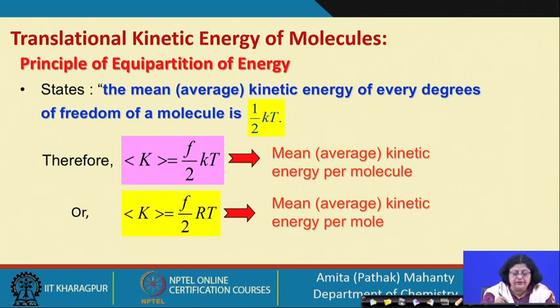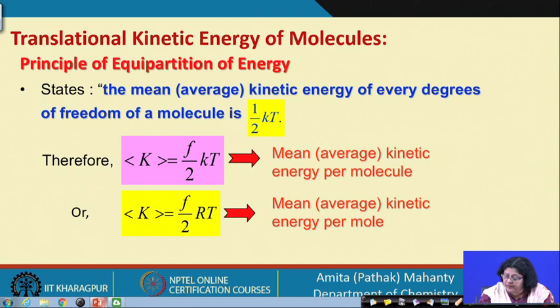So, depending on the degree of freedom, depending on the type of molecules we are dealing with, we can find out the mean or average kinetic energy per degree of freedom of the molecule, which is equal to half kT. We have to multiply by the total number of molecules and total degrees of freedom which we have, and hence we can get the total translational kinetic energy.